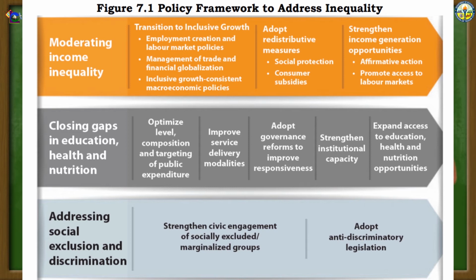It aims to provide ways and means to systematically and comprehensively address the inequalities. Its main focus is on moderating income inequality, on closing gaps in education, health and nutrition, and addressing social exclusion and discrimination.